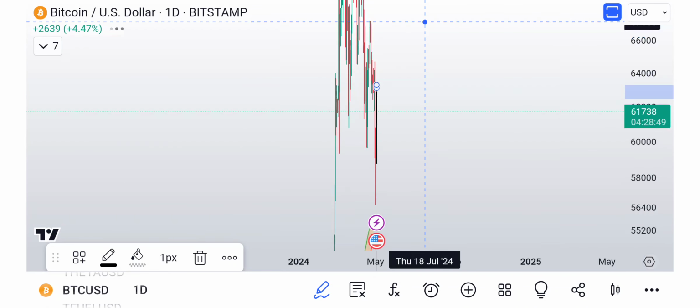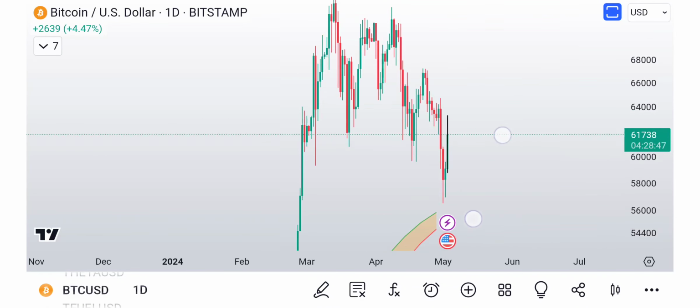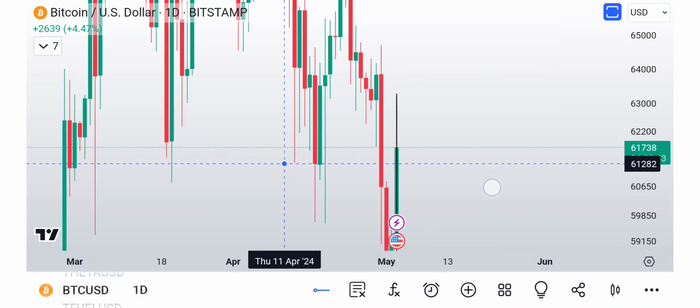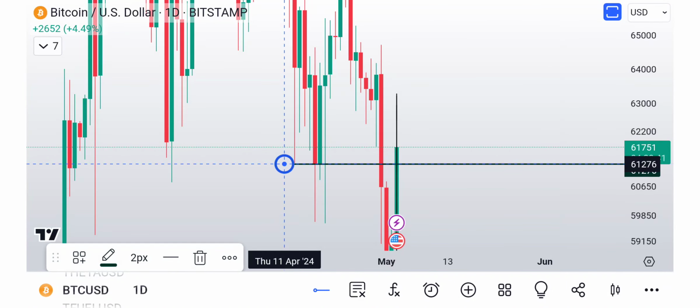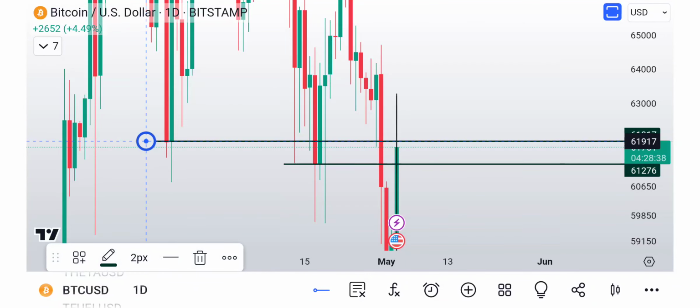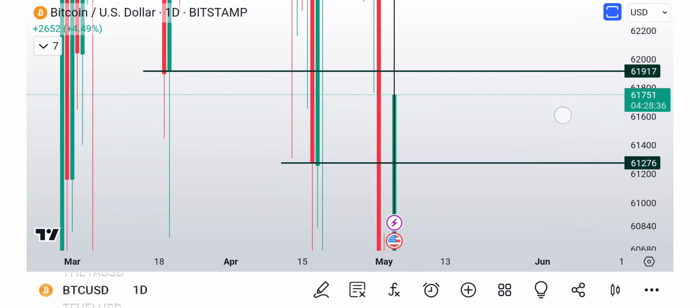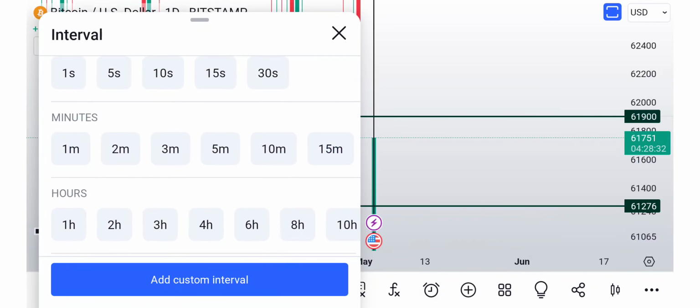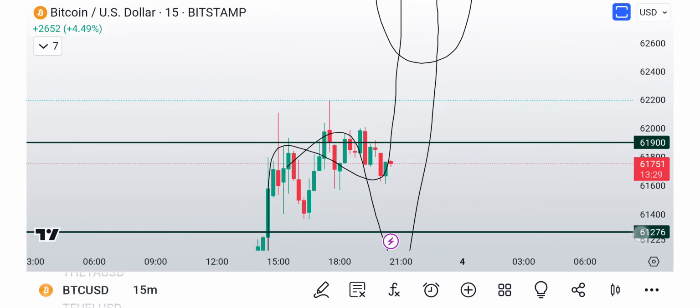Because again, the daily candle, I would like it to close above this line. Let me just put the line back. I'll put 2 of them there. Yeah, right about there. Let's go back to the 15-minute. Okay, so that's interesting.